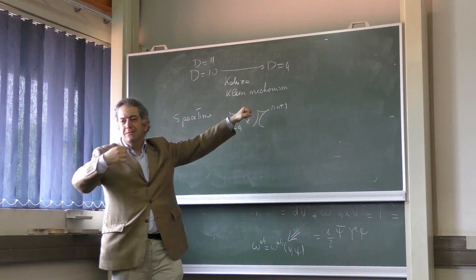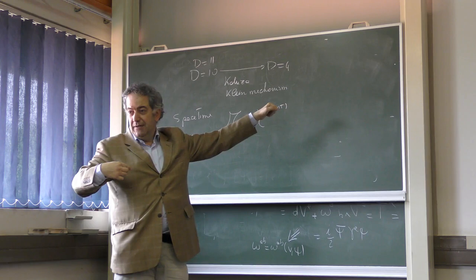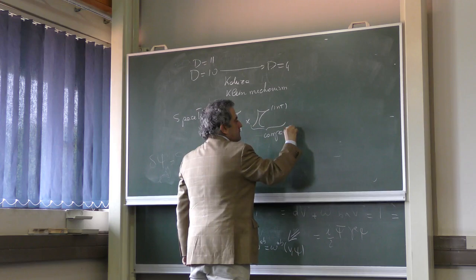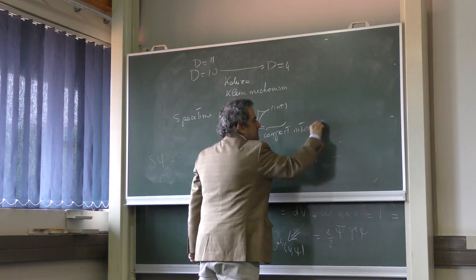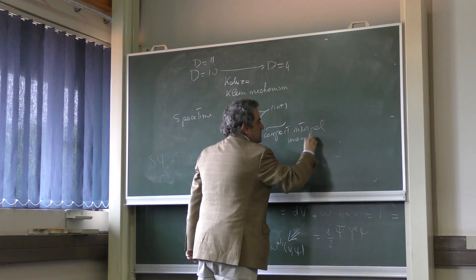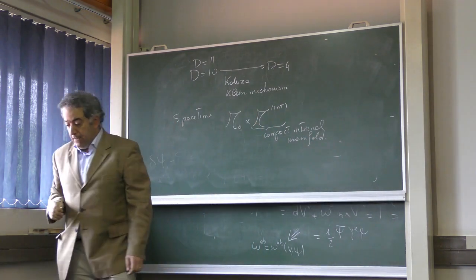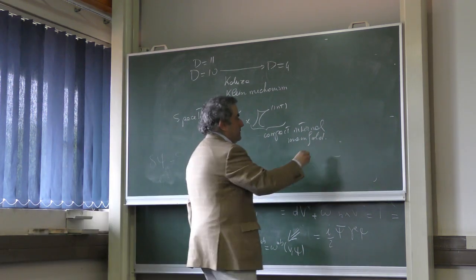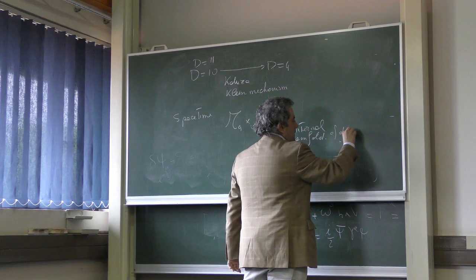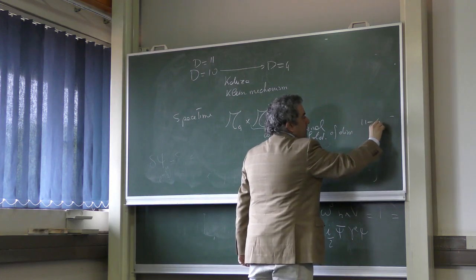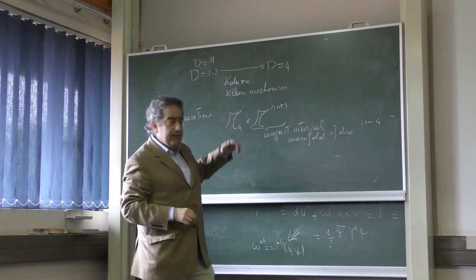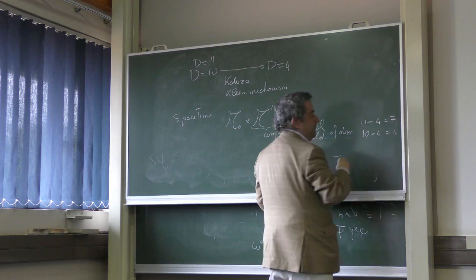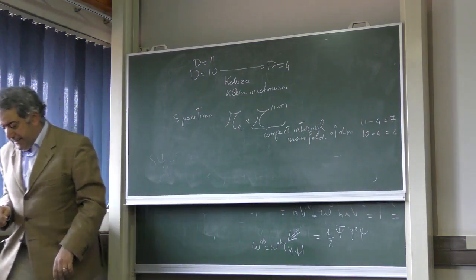In the original Kaluza-Klein mechanism, it was a circle from 5 to 4, but in general, it's a compact internal manifold. What's the dimension of this? 11 minus 4, if we come from 11 dimensions, which is 7, and 10 minus 4, which is 6. These are the two possibilities.